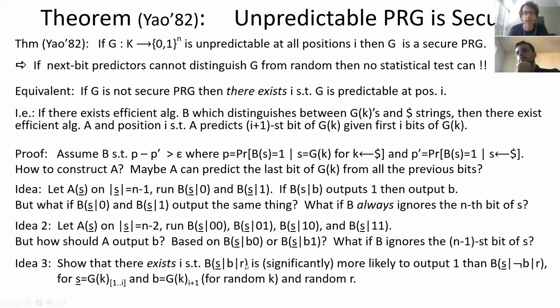What we want is that B on these types of inputs acts significantly differently, so significantly more likely to output 1, than B where the first I bits are the same, the I plus first bit is flipped, so it's an incorrect bit of a PRG, and R is again a random pad. So all the subsequent bits are just random.